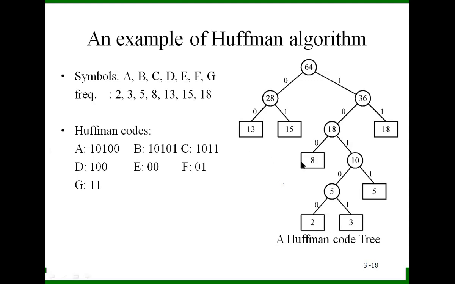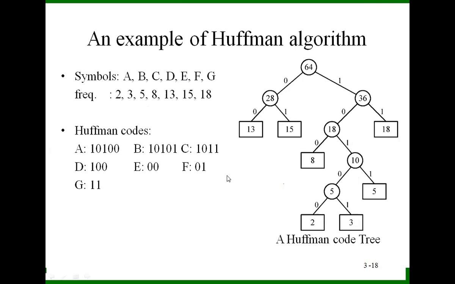See here, first I am taking the smaller ones. A and B are the two symbols, 2 and 3 are the values. First I have taken 2, 3. Now C and D, this is 5 and 8. Now combine 2 and 3, this is 5. So C frequency is 5. Always we are taking the least ones.